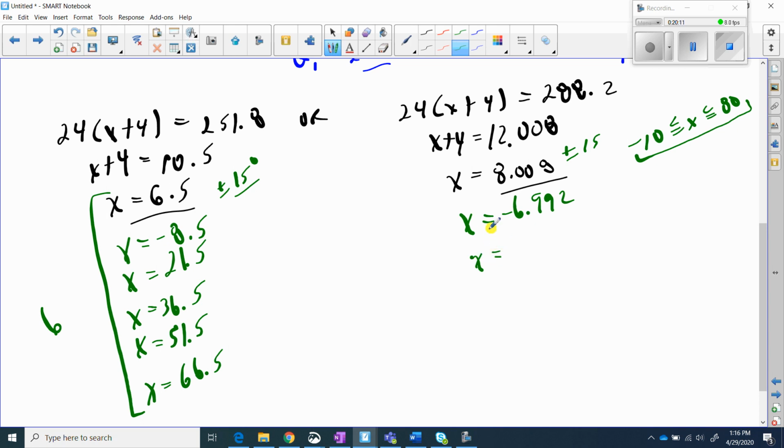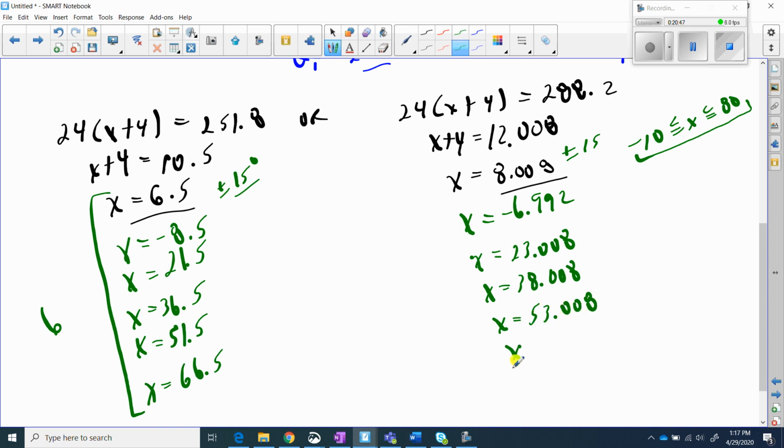So I add 15 to this and I get 23.008. Add another 15, 38.008. Keep going. And you say, how do you know you keep going? Because I still haven't got an angle that's bigger than this one. So I know there's more. So add 15 more. I'd be at 53.008.